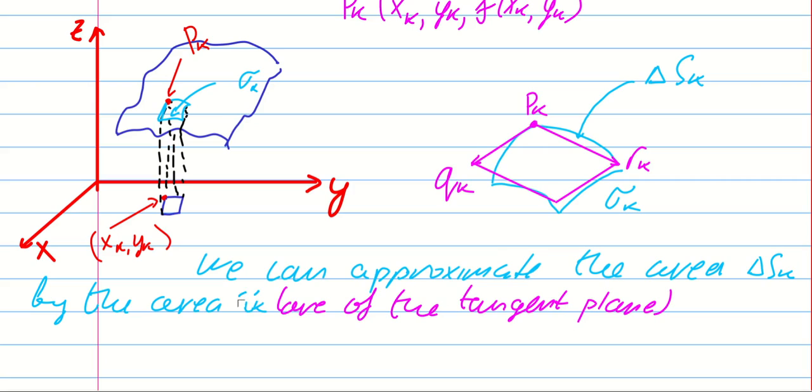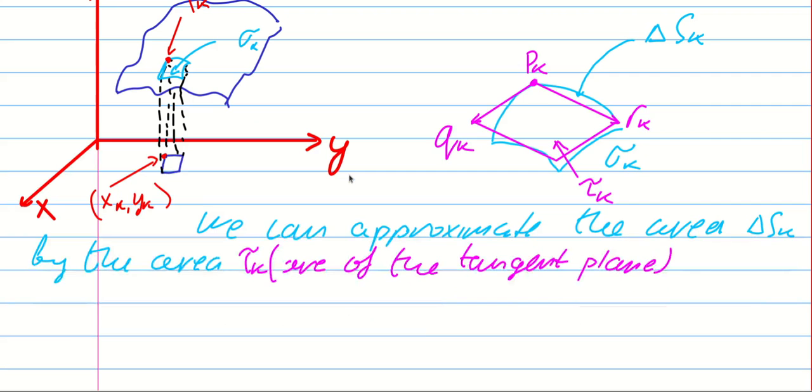All right, so T sub k is the area of the tangent plane. I say T sub k, tau sub k. So this one over here is tau sub k. In order to approximate this, we need to find these vectors q sub k and r sub k.